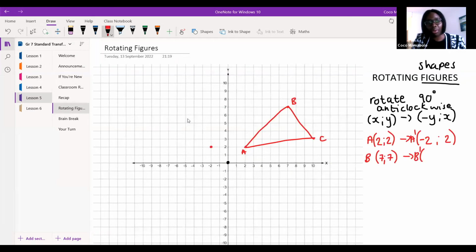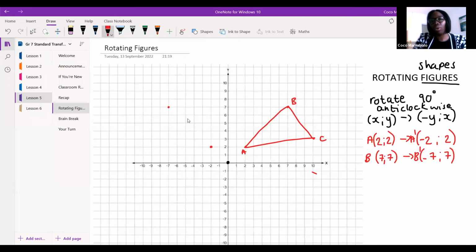That's B prime. Remember, my X and my Y value will swap and my Y value will become negative. Good. It's going to be -7 and 7. Right. Then that is going to be over here, -7, 7.